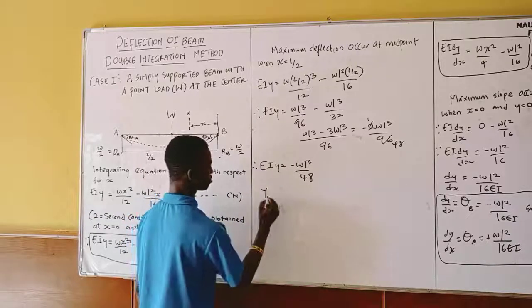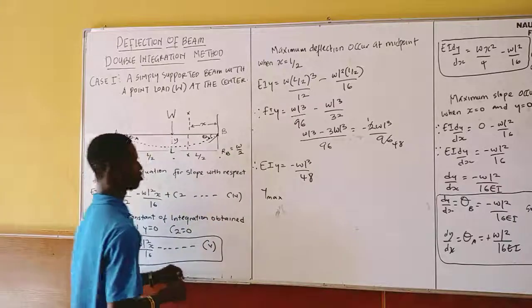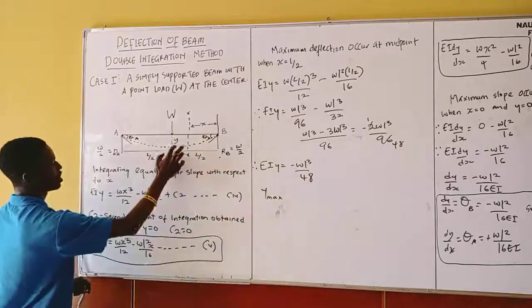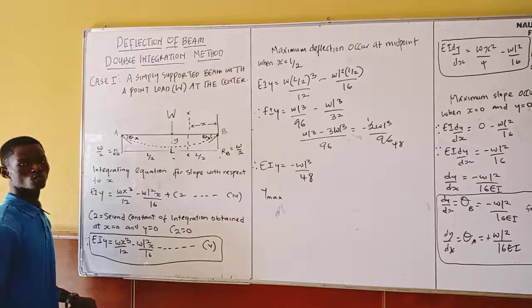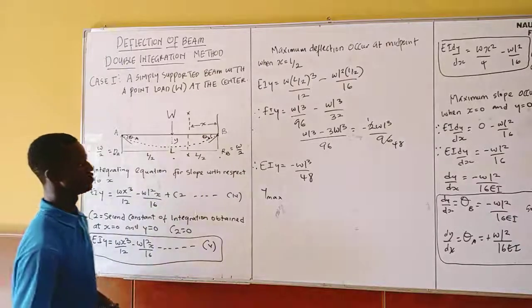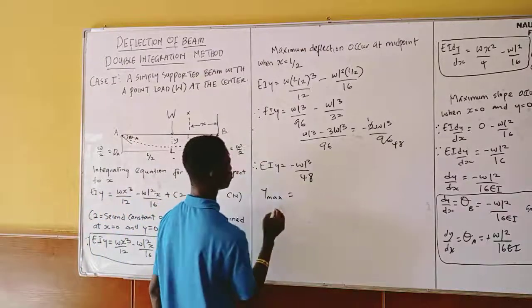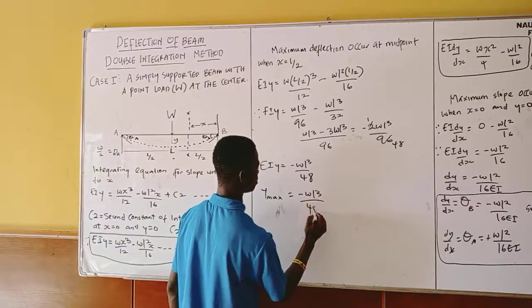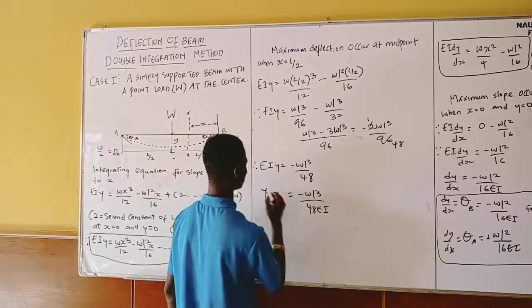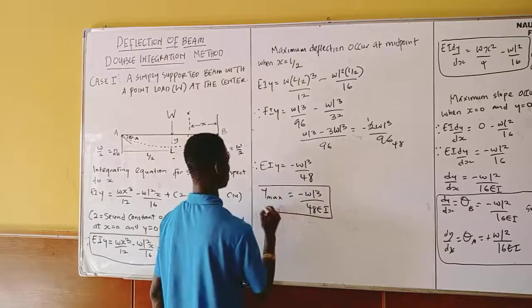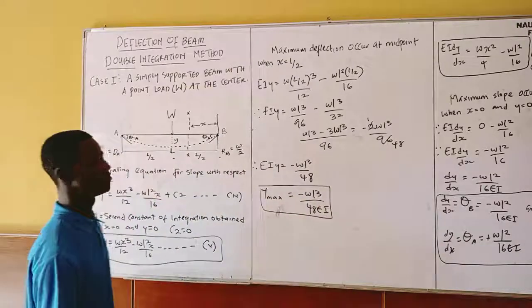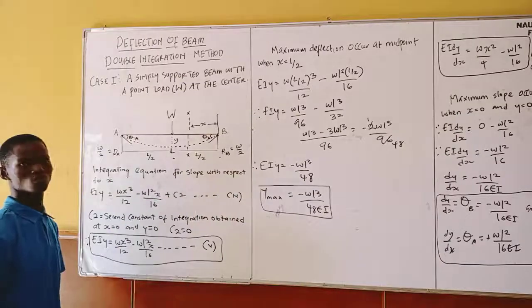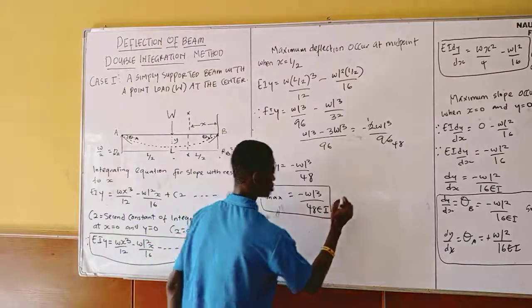Let me just write y maximum, because at this point, this is where I'm having my maximum deflection. So my y maximum is going to be minus WL cube over 48EI. So this equation now is the equation for maximum deflection at this section of the beam.